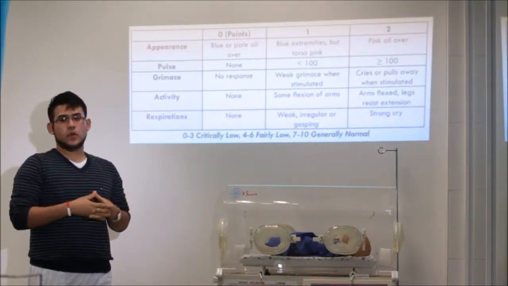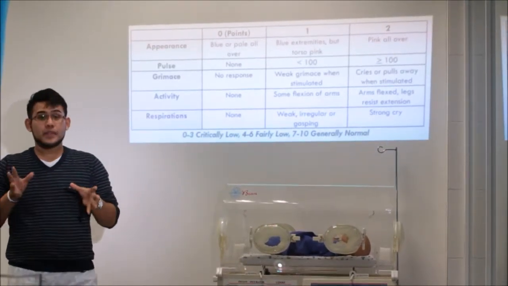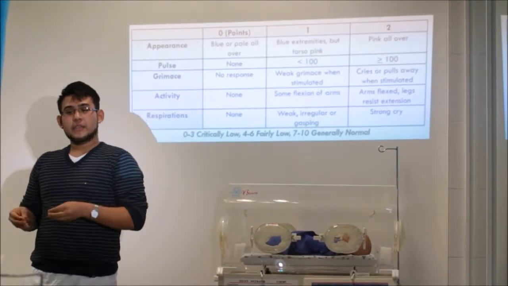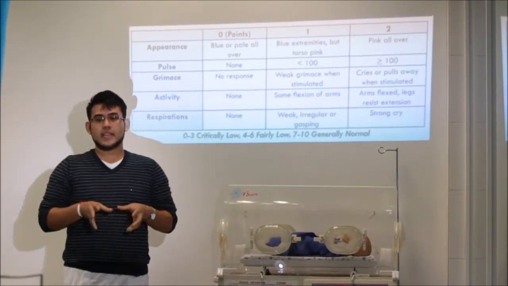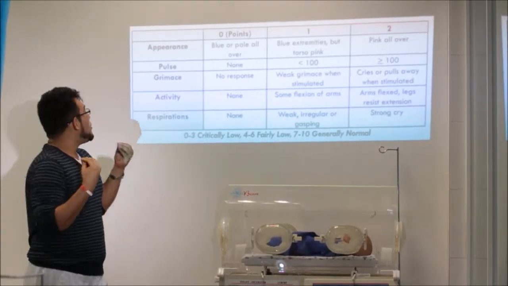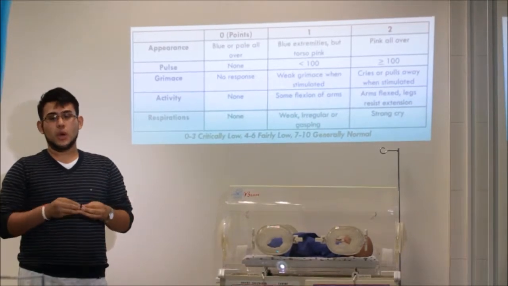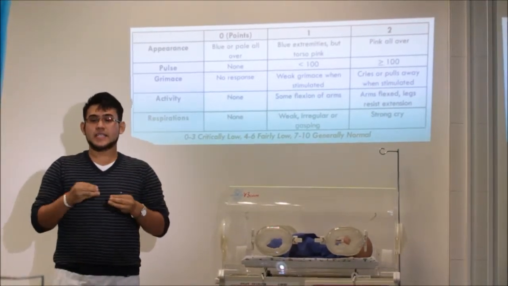How is the test performed? The APGAR test is done by a doctor, midwife, or nurse. They evaluate the baby's breathing effort, heart rate, muscle tone, reflexes, and skin color.